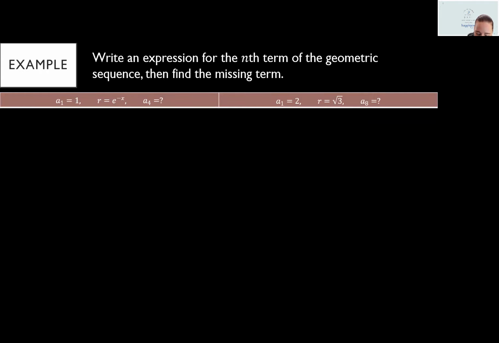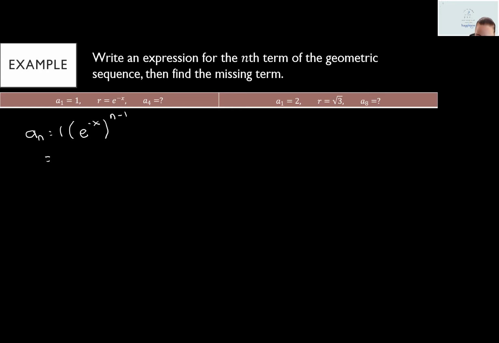So on the left, we're going to write an expression for the nth term. So a_n is a_1, which is 1, and then our R is e to the negative x, and that's to the n minus 1. Now we could simplify this.